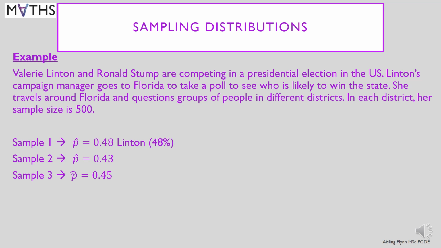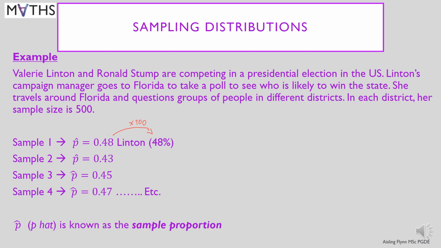The proportions are given in decimal, but if you want to translate them to percent, we multiply by 100, and divide by 100 to go backwards. So 43%, sample 3, 45%, sample 4, 47%, or 0.47. So this is not looking great for her.